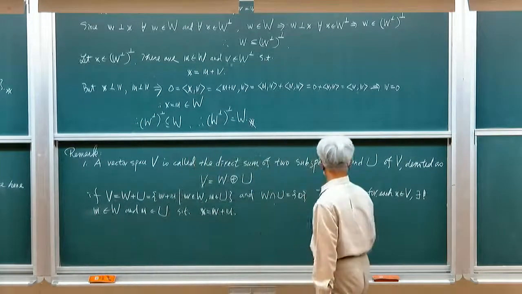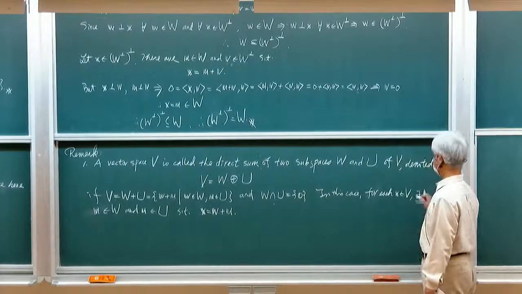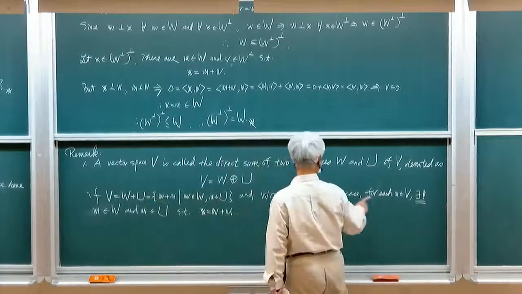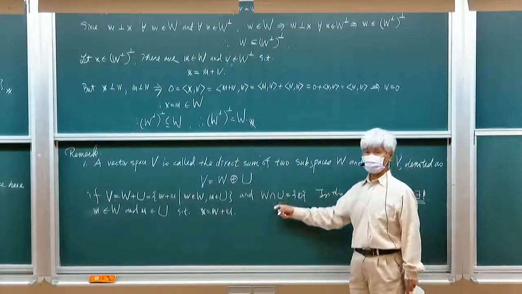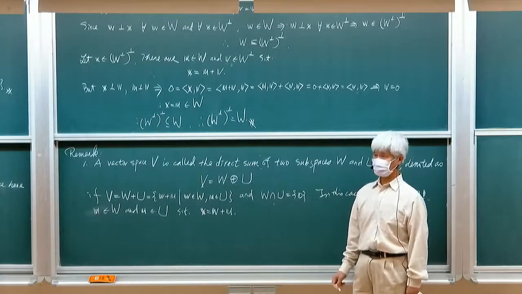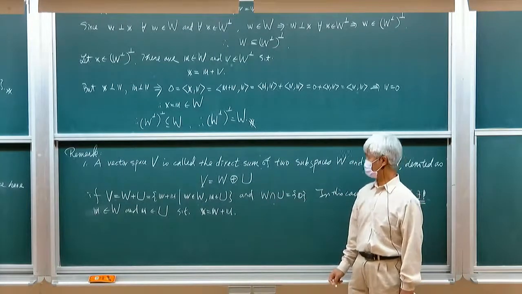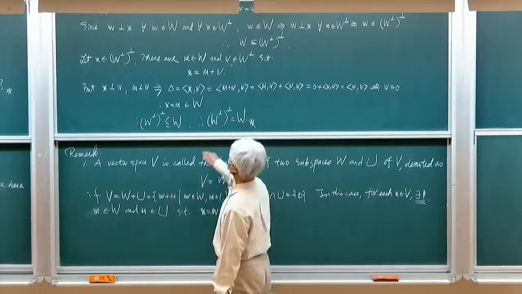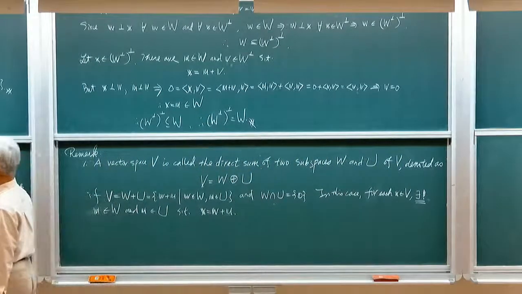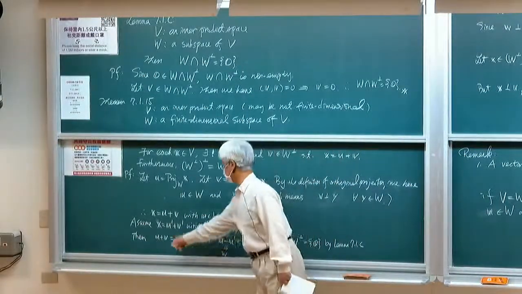Existence is from here already, right? But uniqueness is from the intersection of W and U being the trivial subspace. Okay, and the proof is similar to what we have done here.